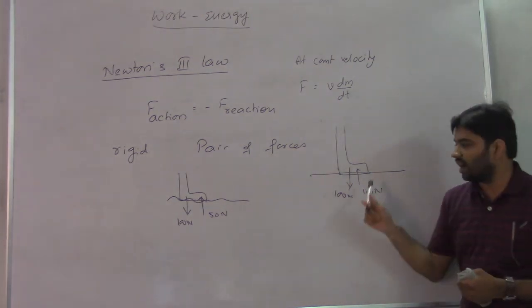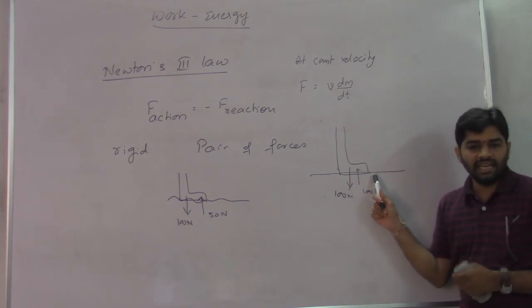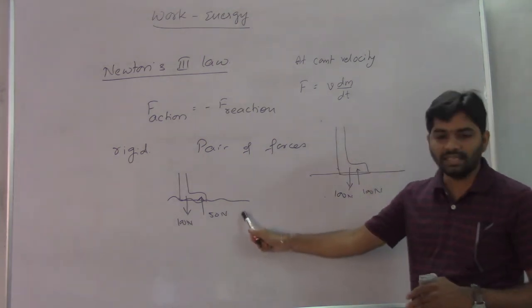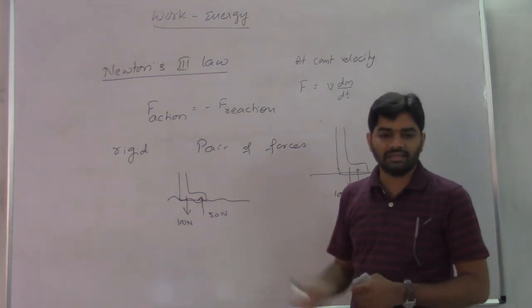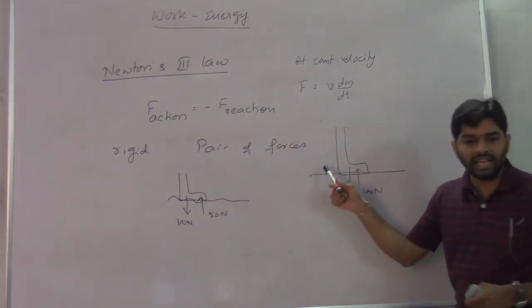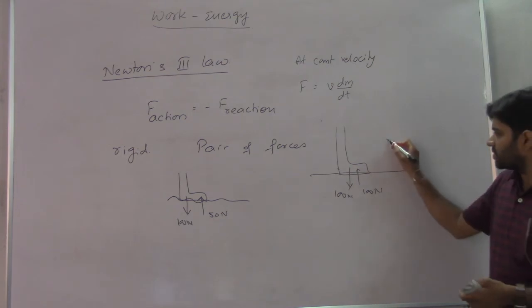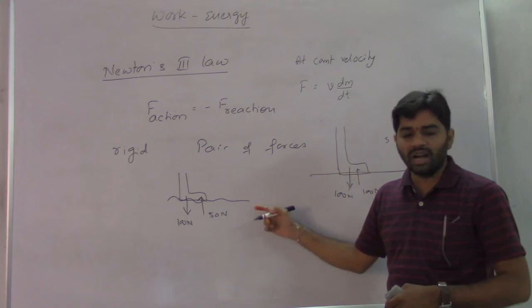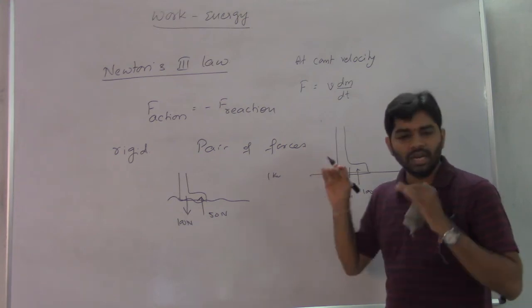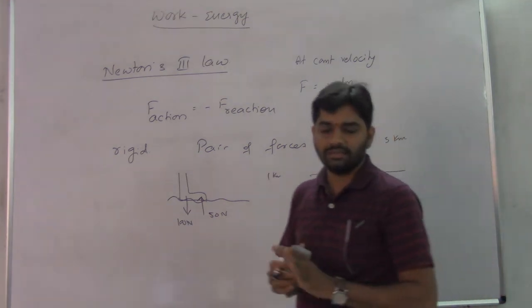It is easy to walk on normal ground. It is difficult to walk on sand, because it is not giving back. On this surface I can walk, suppose, 5 kilometers, but here I can walk only 1 kilometer, then my total energy will be exhausted.